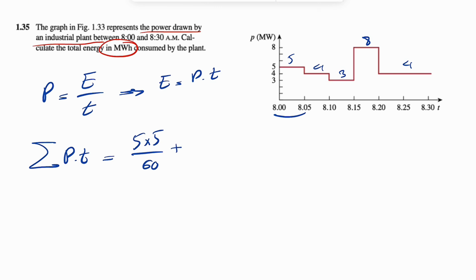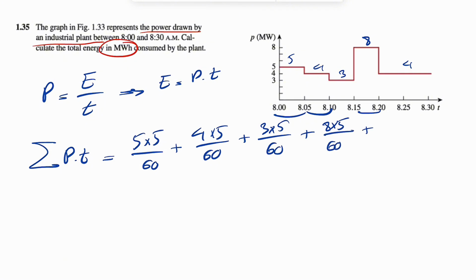Our second, 4, again has a 5 minute interval, times 4 divided by 60, and we have 3 times 5 minutes, again divided by 60, plus another 5 minutes, 8 times 5 divided by 60, plus our last interval from 8:20 to 8:30, so we have 10 minutes, so 10 times 4 divided by 60. We just have to calculate this, and it will give us the answer in megawatt hours.